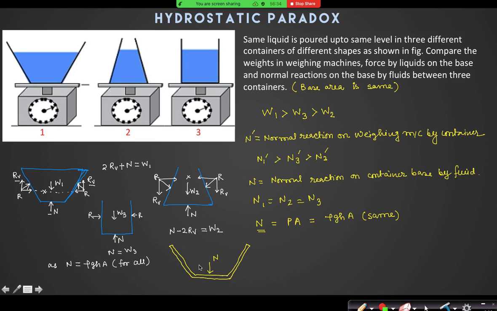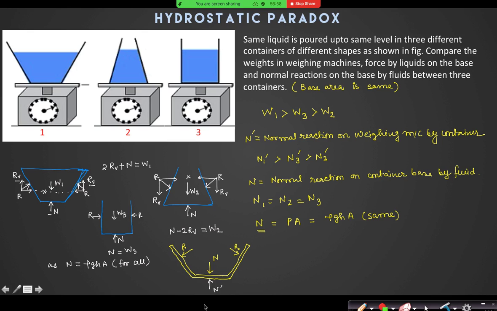Yes or no? Yes, sir. This R will be back on the container, this R will be back on the container, and there is a third force, that is the normal reaction between the container and the weighing machine, N prime, that I have told you. Yes or no?